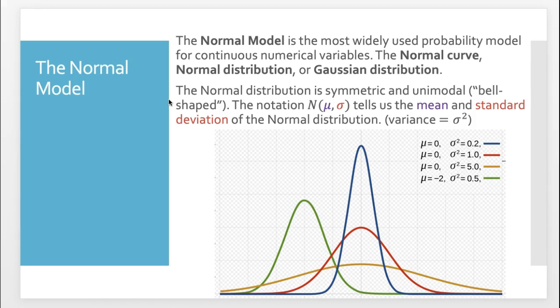And the notation for this normal distribution is N(mu, sigma). This is the Greek letter mu, this is the Greek letter sigma, lowercase. N says that it's a normal distribution, mu is the mean, and sigma is the standard deviation.